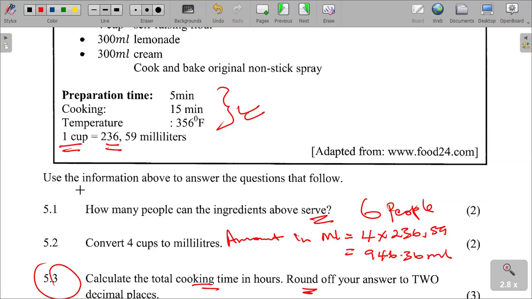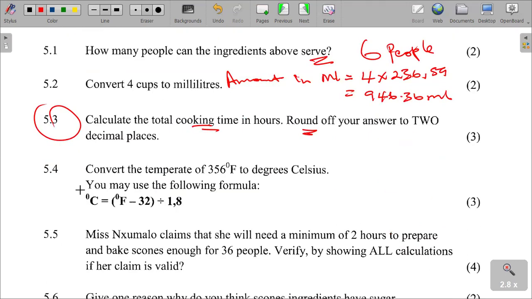And then we are saying total cooking time, we can just easily calculate that, our total cooking time in minutes.